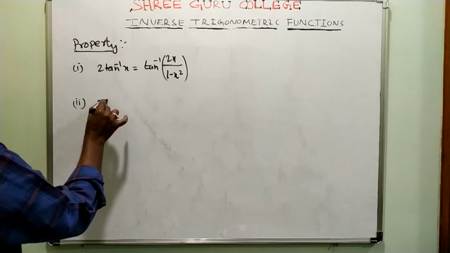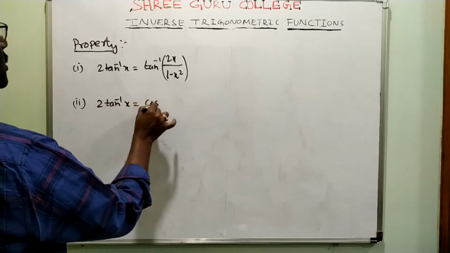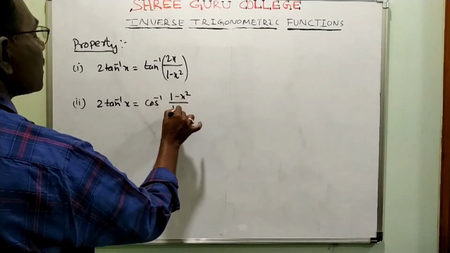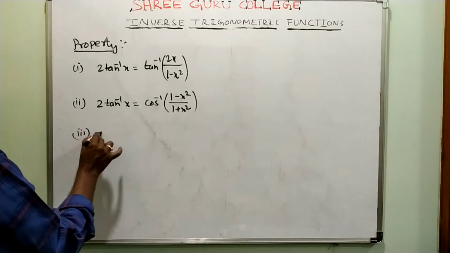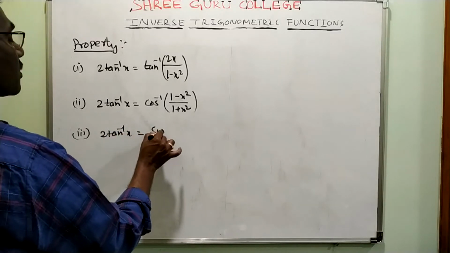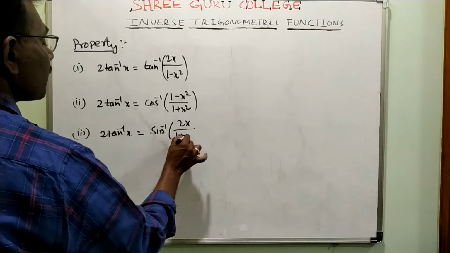Second: 2 tan inverse of x is equal to cos inverse of (1 minus x square) by (1 plus x square). And number 3: 2 tan inverse of x equals sin inverse of 2x divided by (1 plus x square).